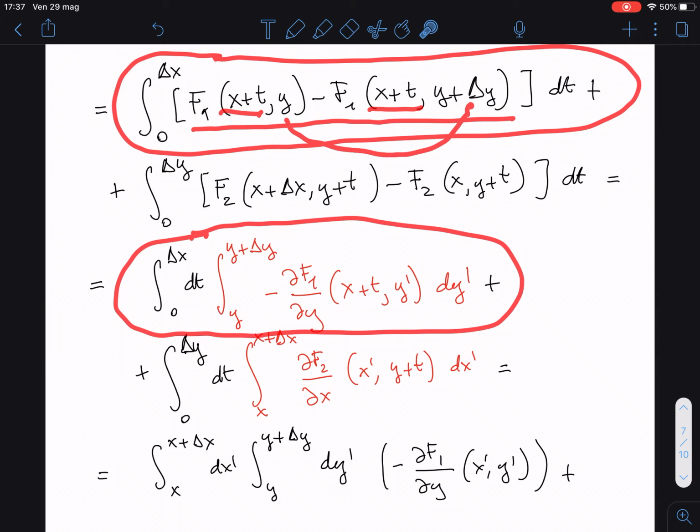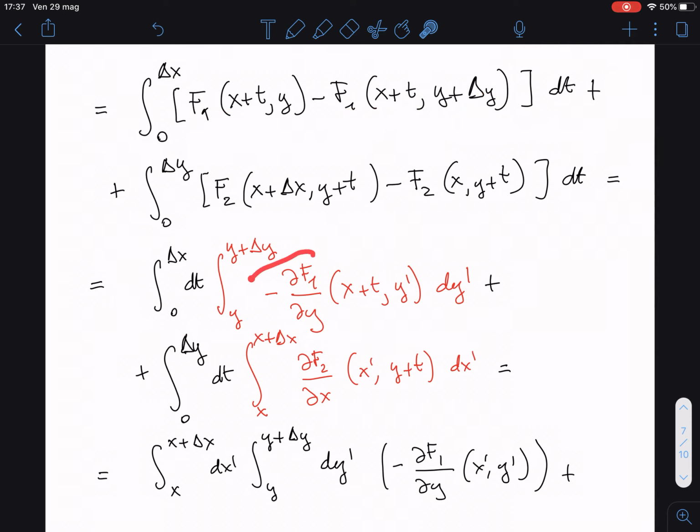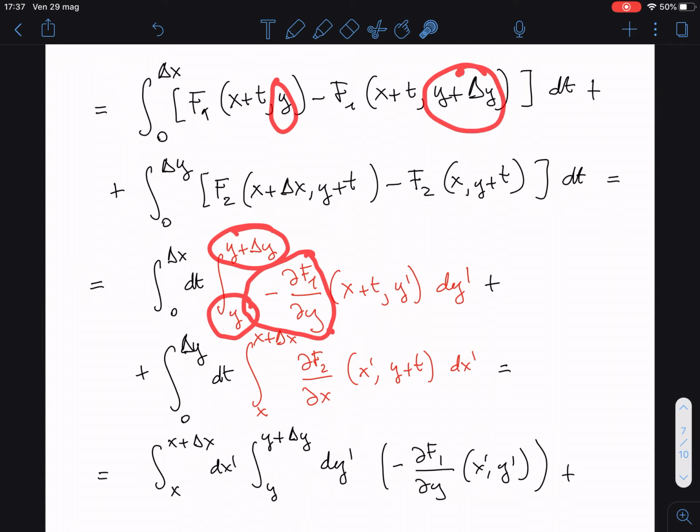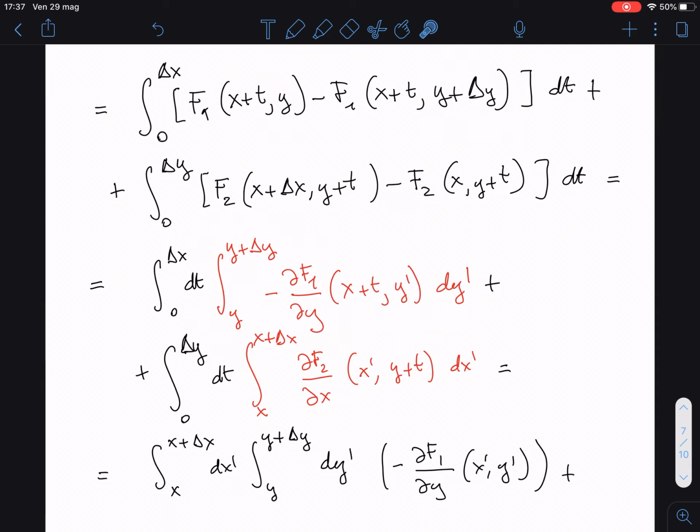So this is the increment of the function f1 when the only variable that is changing is the second one. So this is equal to differentiating f1 with respect to the second variable and then integrating between the extremes y and y plus delta y. We integrate in a new variable that we can call y prime. And we have to put a minus sign, okay?